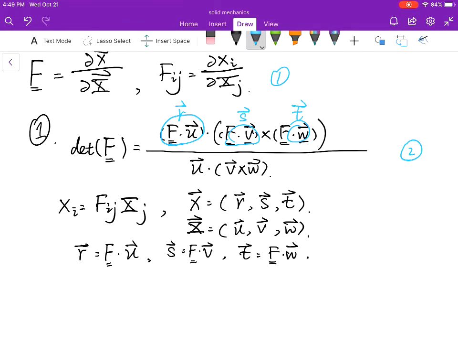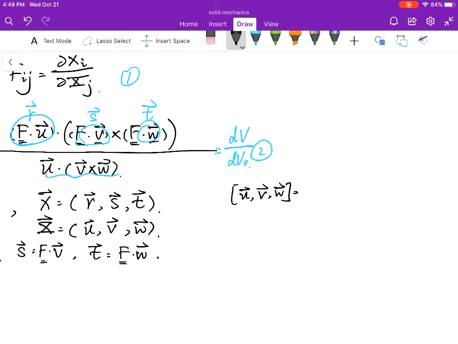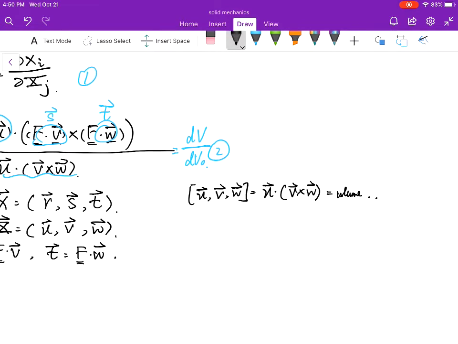So basically this is just dV, and this is just dV0. Here you should know that the triple product between, for example, u, v, w, which is u dot v cross w, equals the volume spanned by these three vectors.